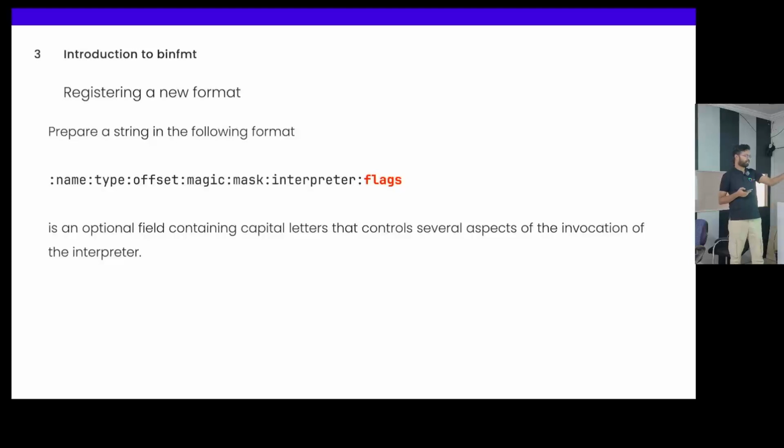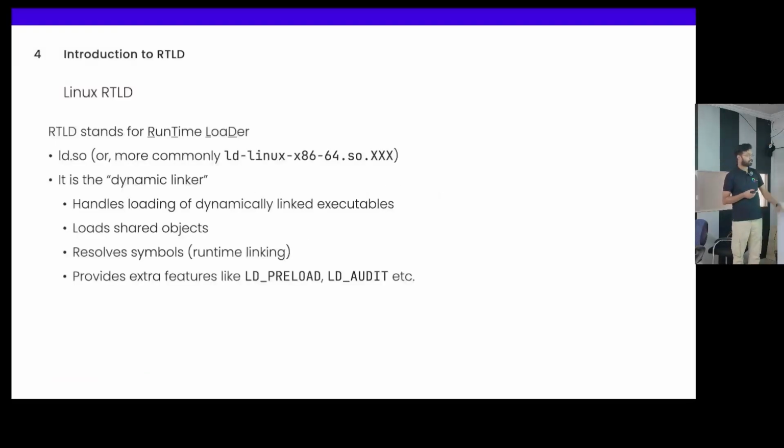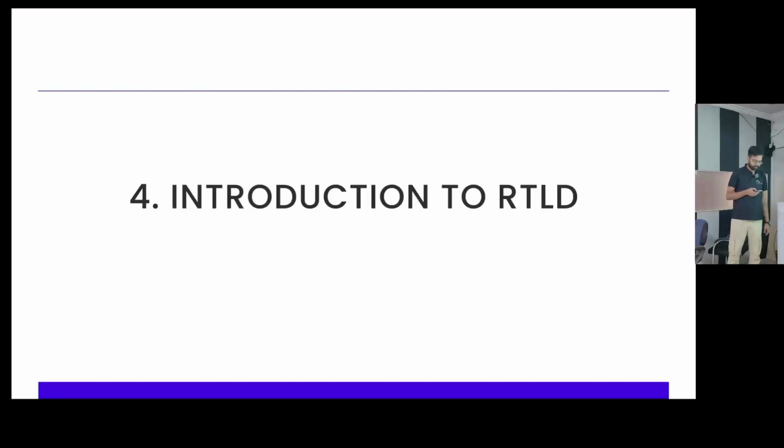Then there are some extra flags that you can set to indicate in which particular way you want to start this interpreter. And then you prepare this string, you write it at this magical location, and this thing is basically registered. Okay, that is all that you have to do.